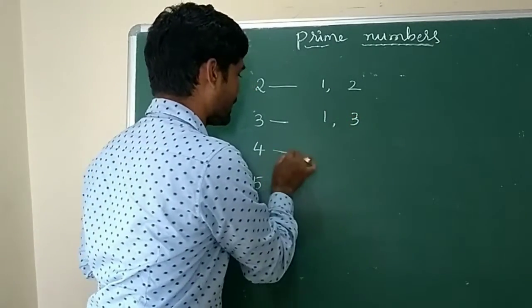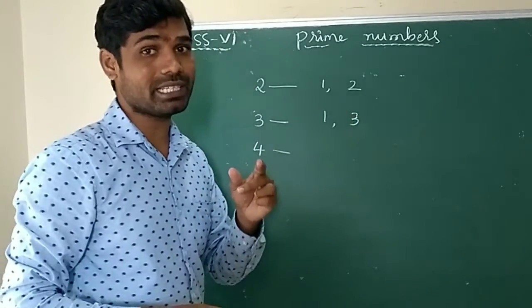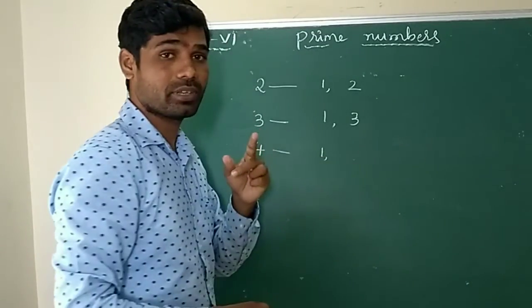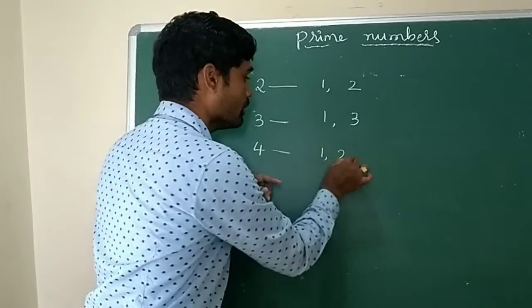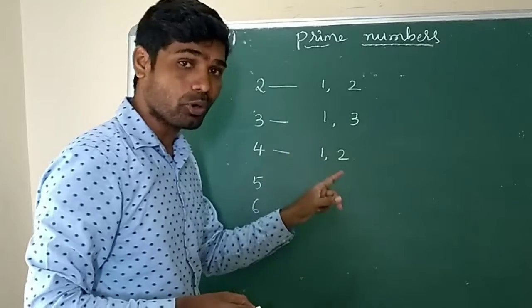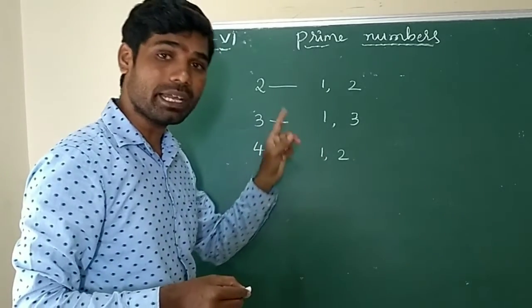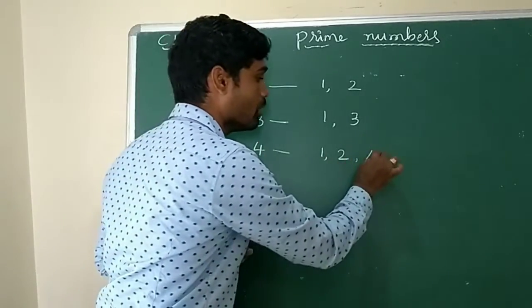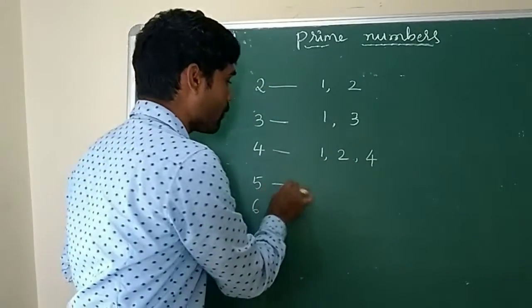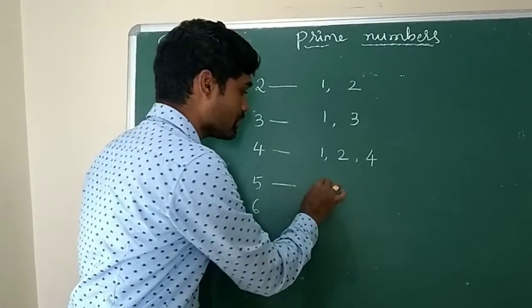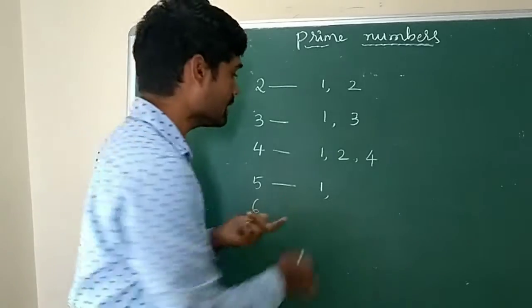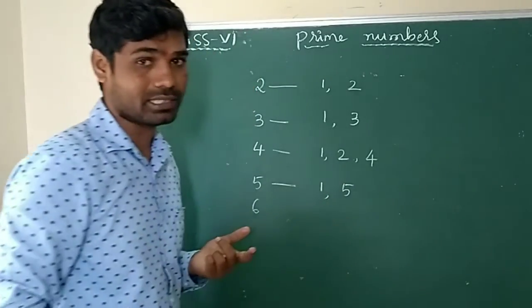Next 4. 4 is divisible by 1 and 2, because 2 2s are 4. Again 5. 5 is also divisible by 1 and itself. There are no other factors.